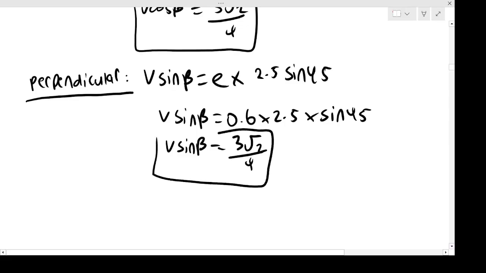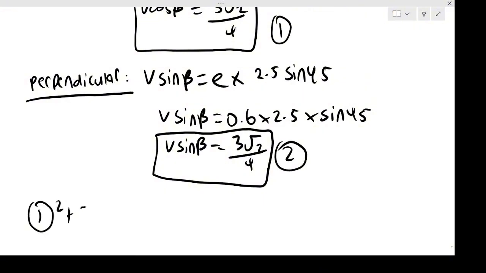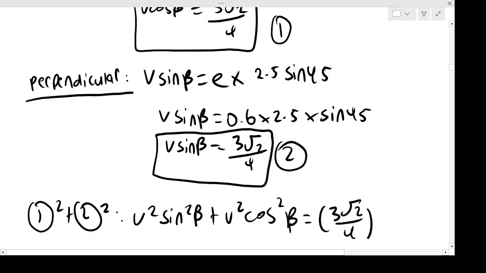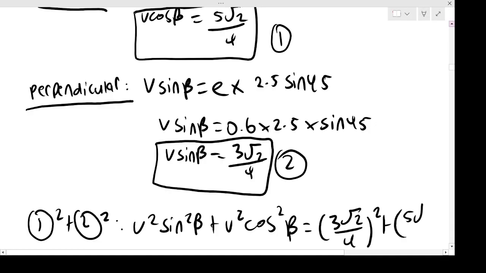So now, again, solve it in the normal way. Firstly, if I solve for v, I'm going to square them. If I call these equations 1 and 2, I square them. So I'm going to get v squared sine squared beta, add v squared cos squared beta, to be 3 root 2 over 4 squared, add 5 root 2 over 4 squared.